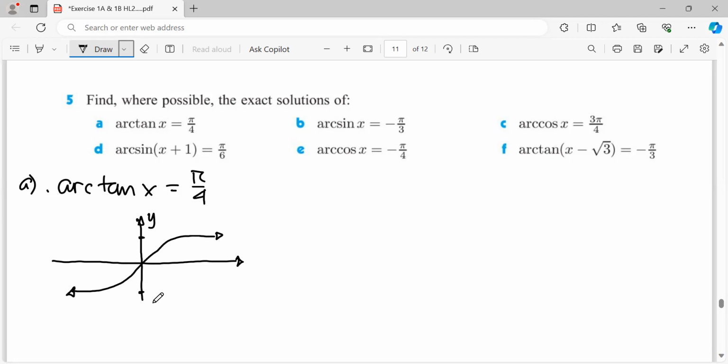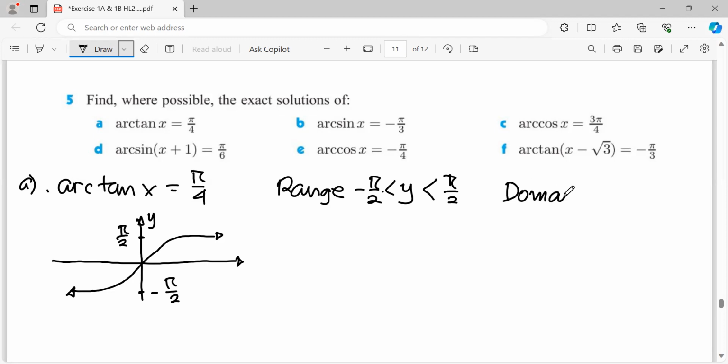Range minus pi half to pi half. So y ranges from minus pi half to pi half. Domain is minus infinity to infinity. Okay.